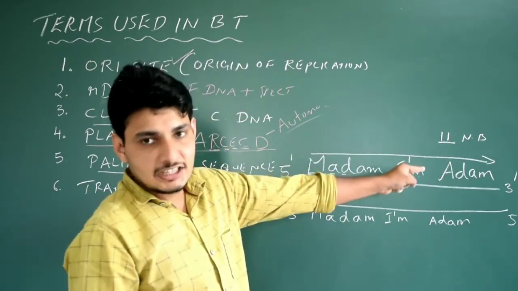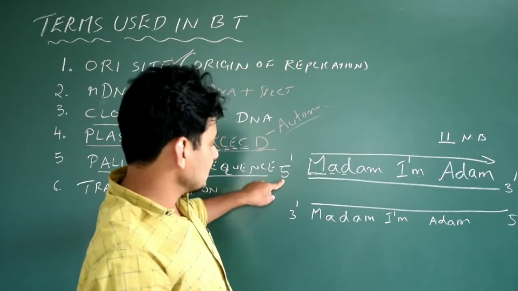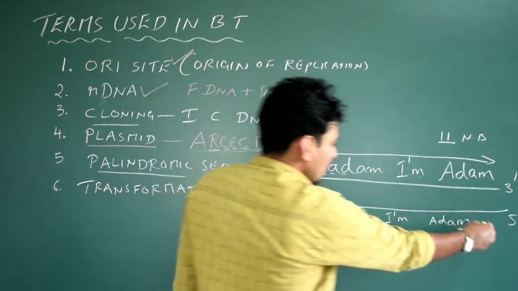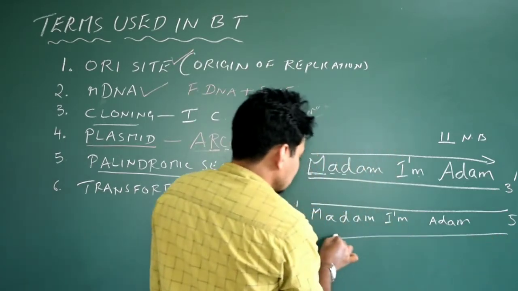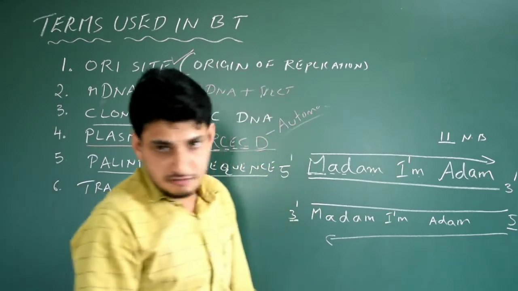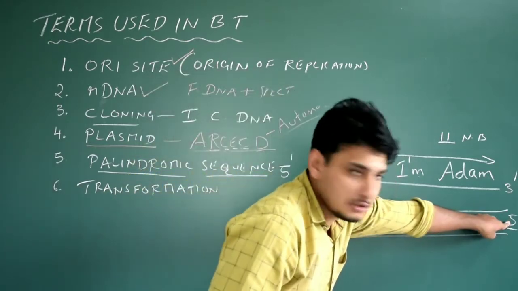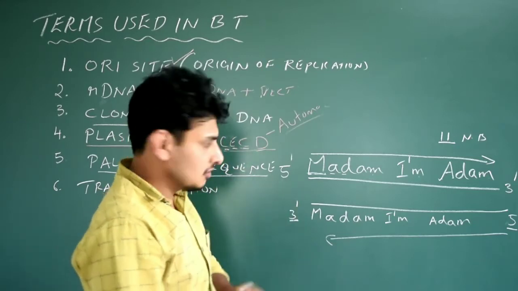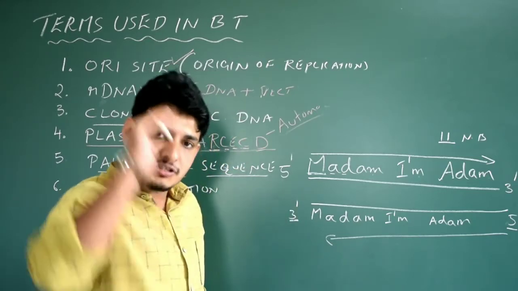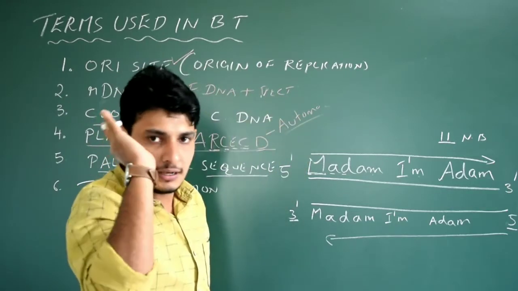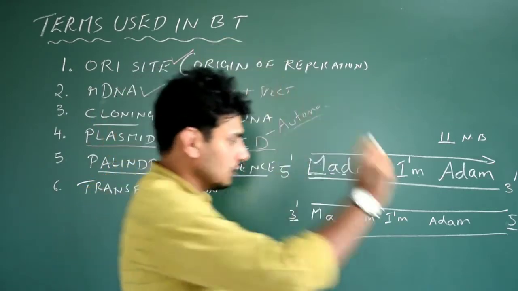This is the reading sequence present on a strand which reads 5 prime to 3 prime. We should not read from 3 prime to 5 prime. You should be very careful. You have to start from this side, 5 prime to 3 prime itself. That means the reading should always be from a single direction, from 5 prime to 3 prime. It should not be 3 prime to 5 prime. Okay, you read it.